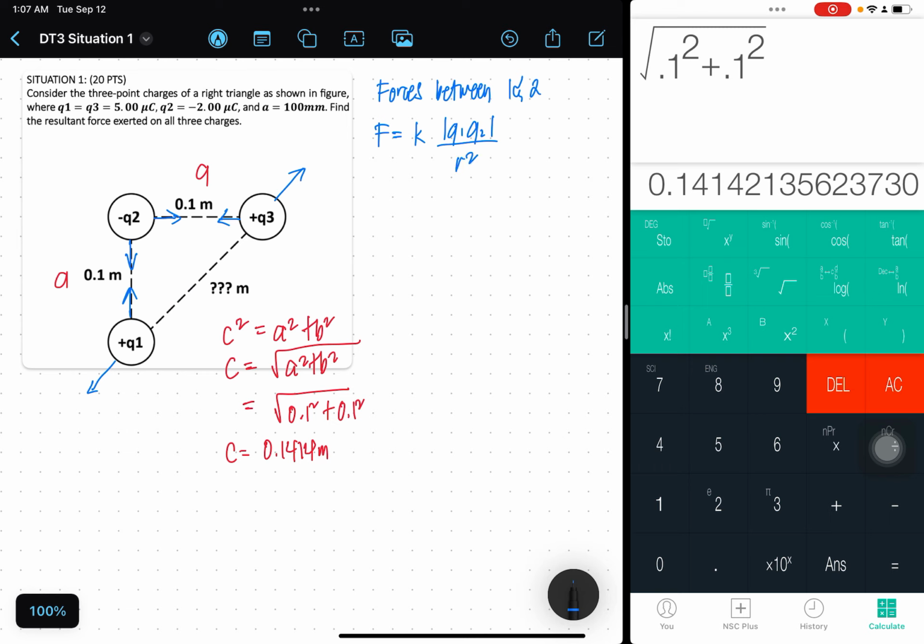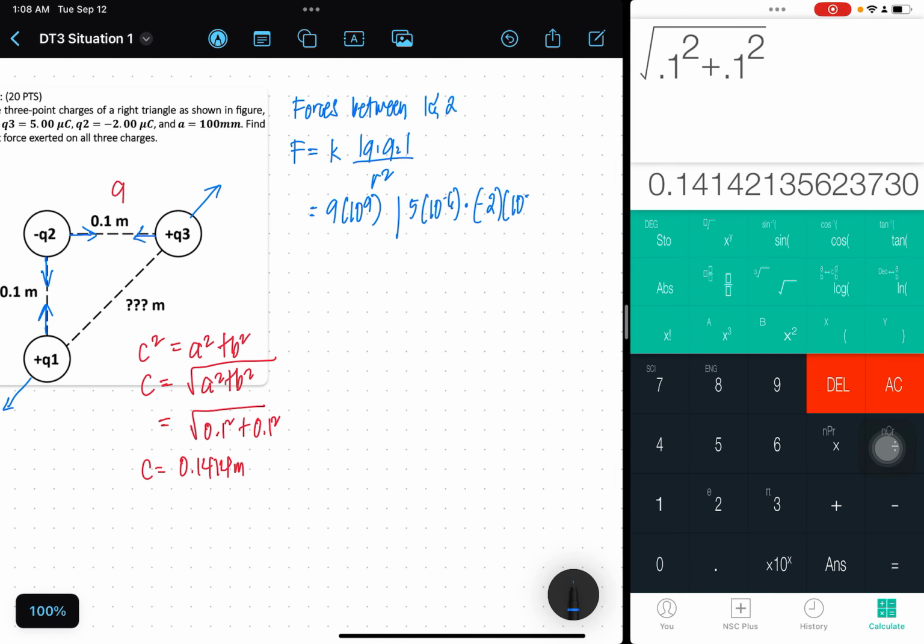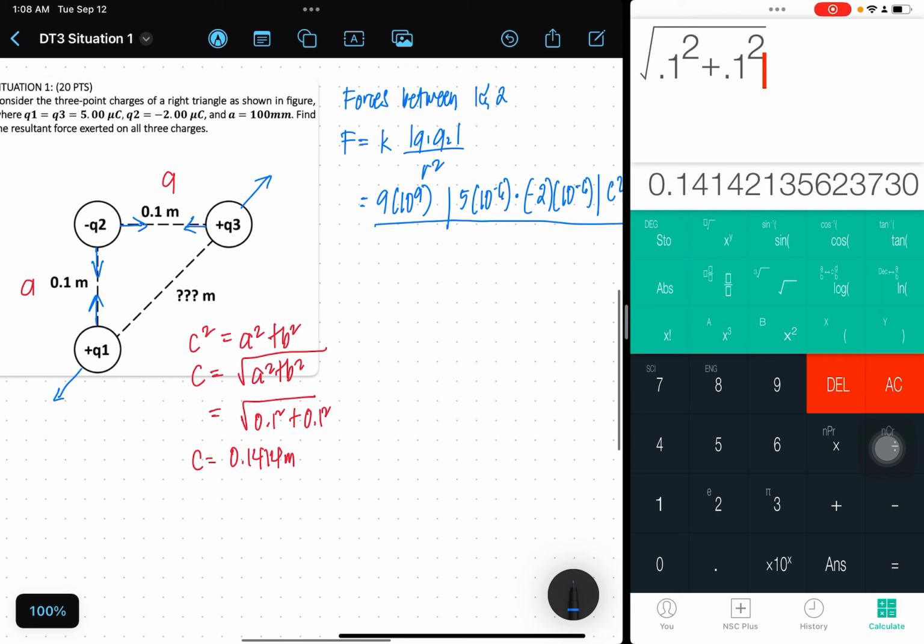K, our constant, is 9 times 10 raised to 9, multiplied by the first charge, 5 microcoulombs, so 5 times 10 raised to negative 6, multiplied by Q2, which is negative 2 times 10 raised to negative 6 coulombs, all divided by the distance, 0.1 meters squared.